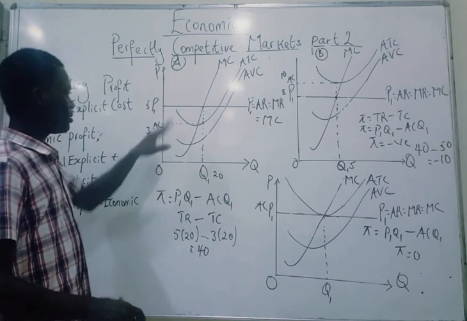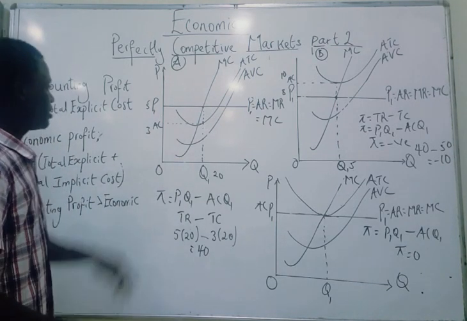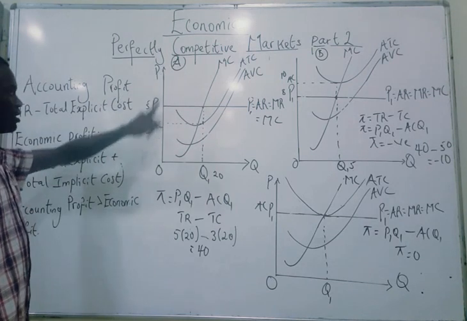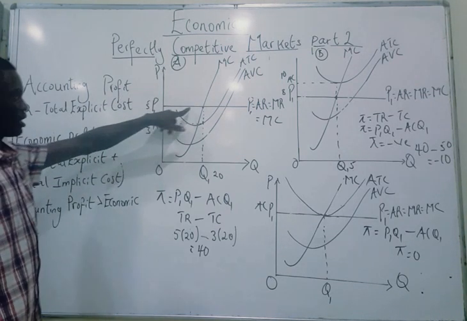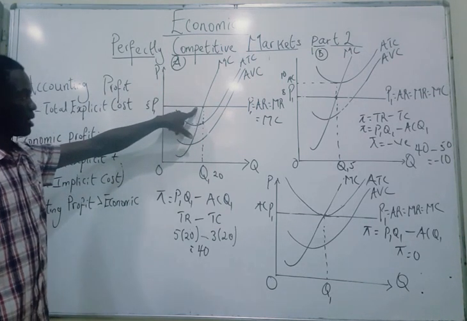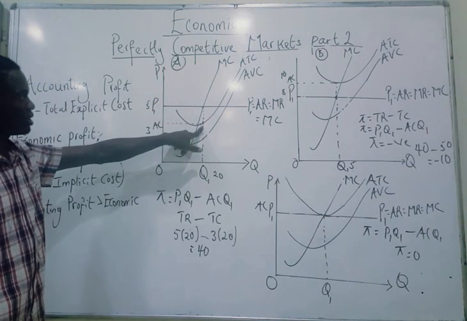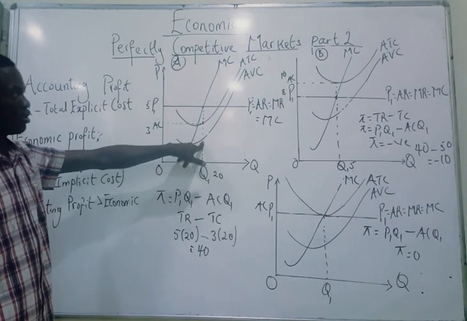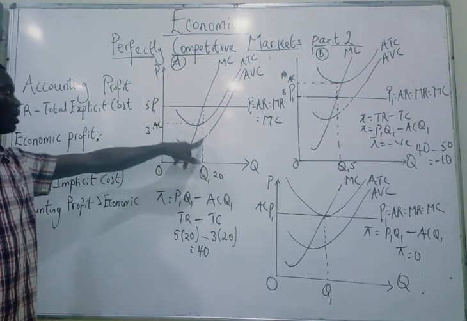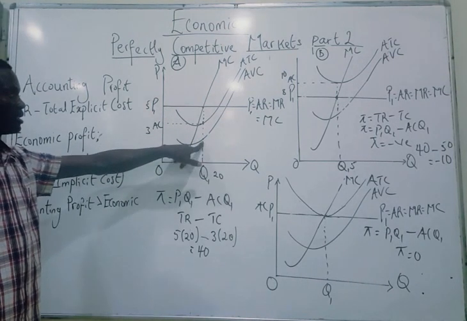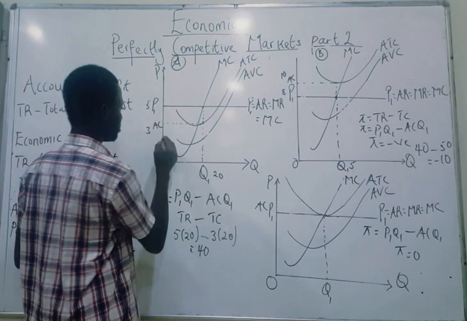All right, so let's look at this. In the first case, that is case A, look at the price that is charged when profit is being maximized, and then we see the average variable cost. Let me trace this out.